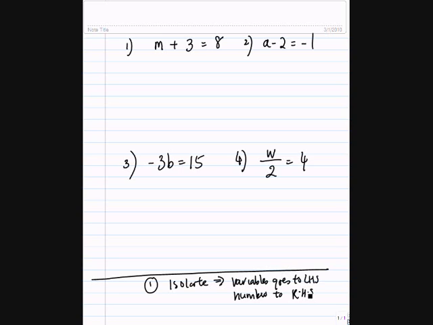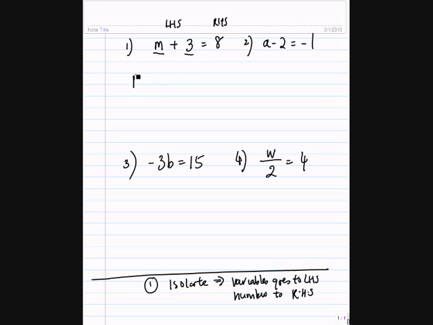So in this case, let's solve question 1. On the left hand side of the equation we have m plus 3. On the right hand side we have 8. So according to the rules here, we need to isolate them. The variables stay on the left hand side, the numbers will go to the right hand side. In this case, on the left hand side we have a variable and we have a number.